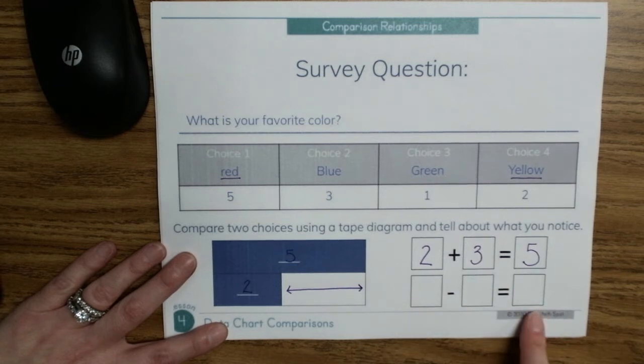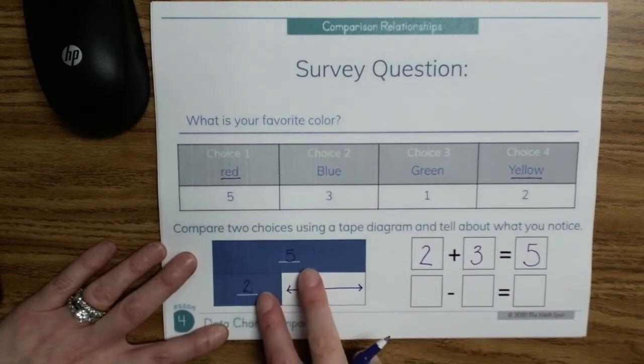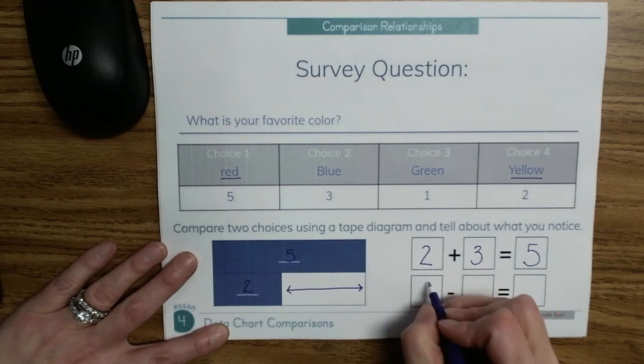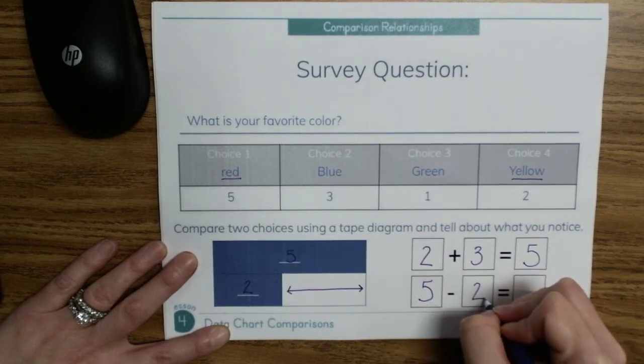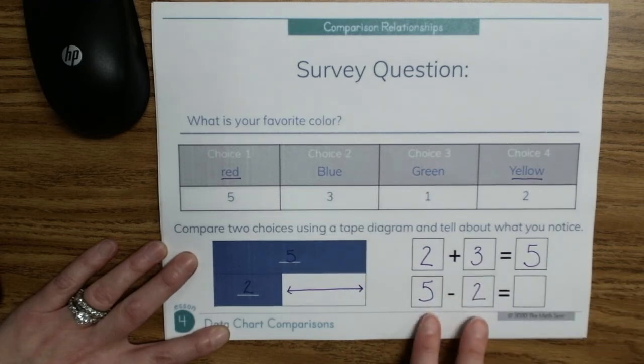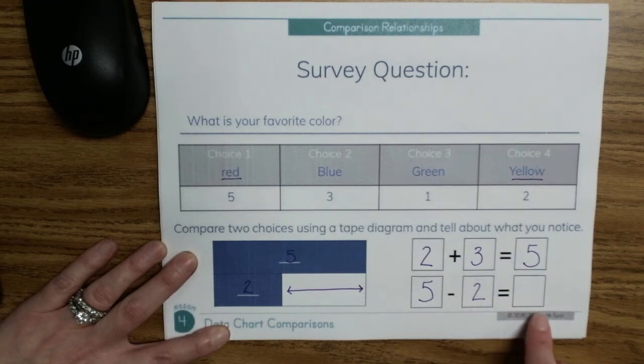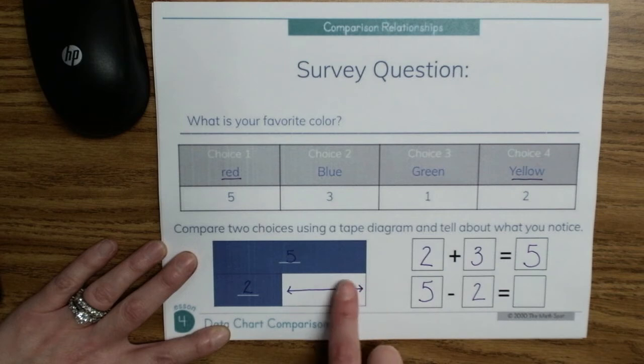Well, I can check by taking my 2 total amounts. I had 5 red votes and 2 yellow votes. If I subtract them from each other, I will find out their difference. I will find out the missing piece.